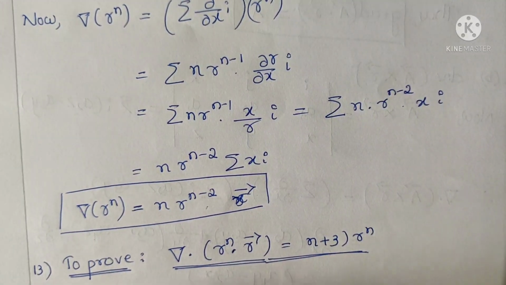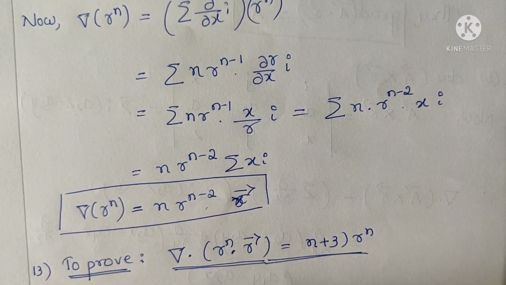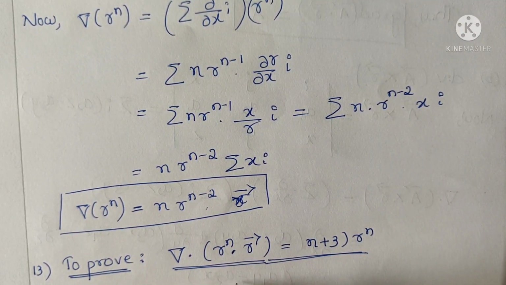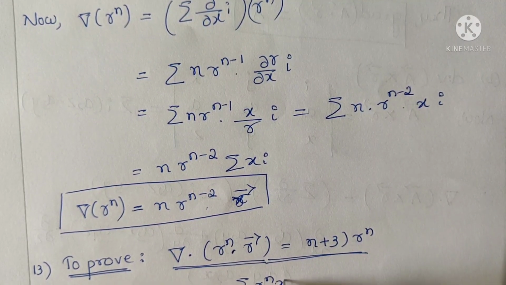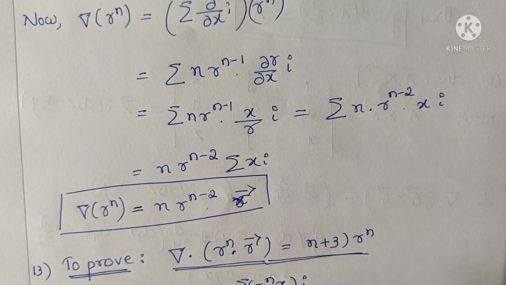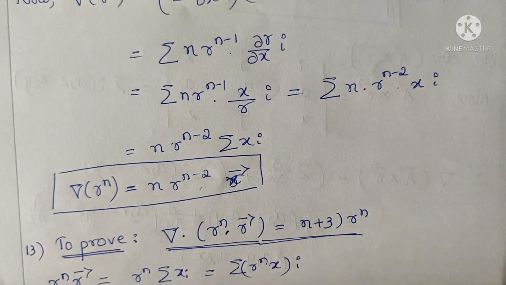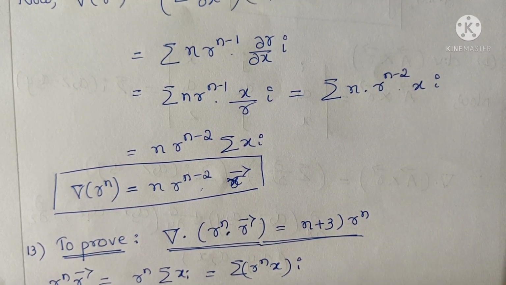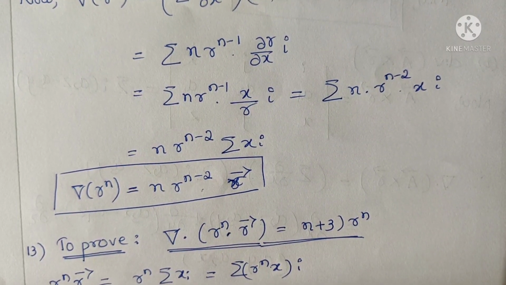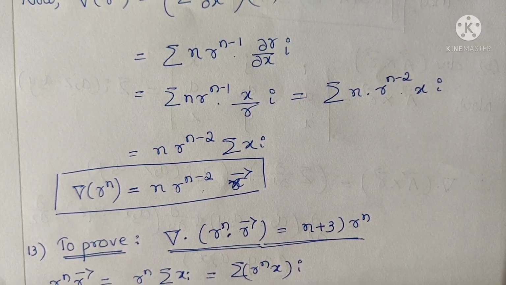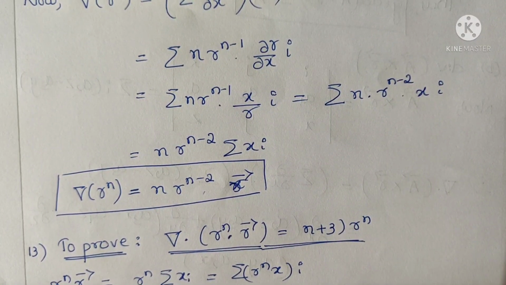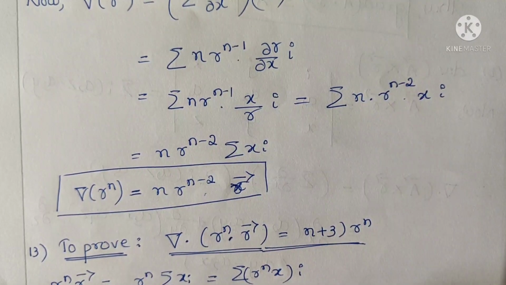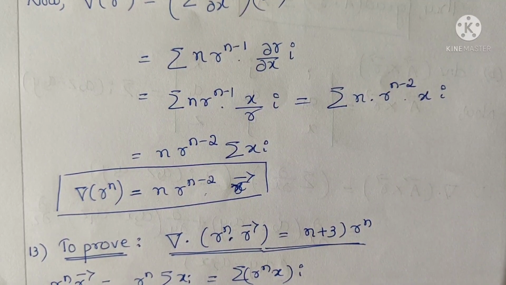So r^n as it is, vector r is summation of x into i. So this is nothing but summation of r^n x into i. Therefore, del dot r^n vector r is equal to, del is summation of ∂/∂x into i, and r^n vector r is now r^n x into i.